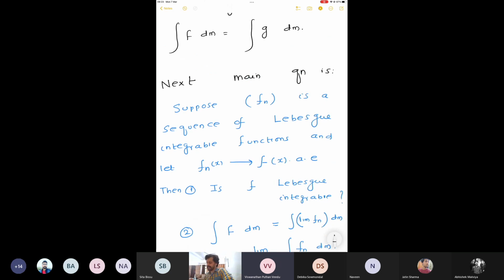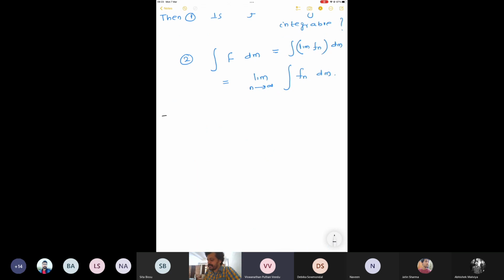Okay, but unfortunately, let me give an example and stop. On [0,1], let me define a sequence of functions. f_n(x) is equal to (1/x) times the characteristic function on [1/n, 1].